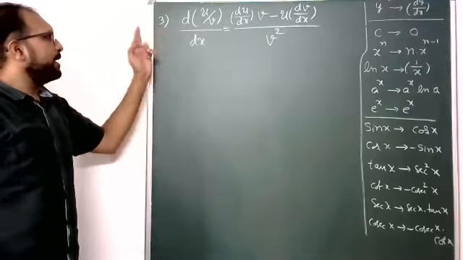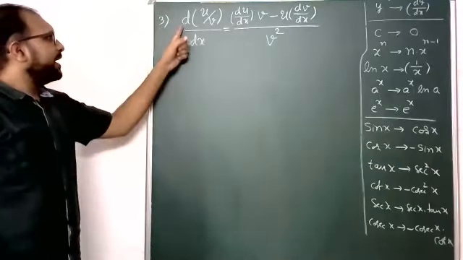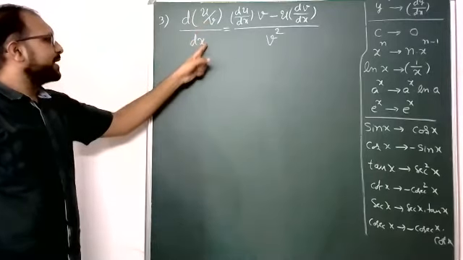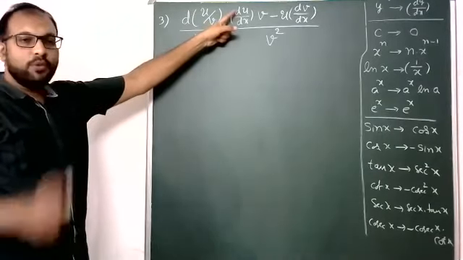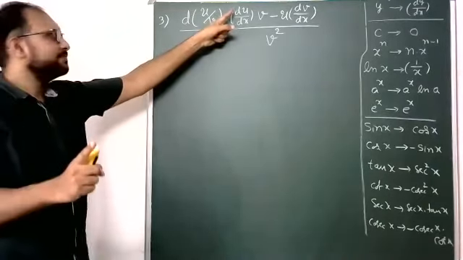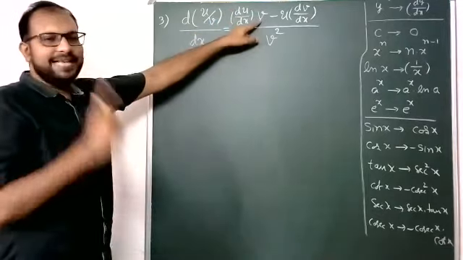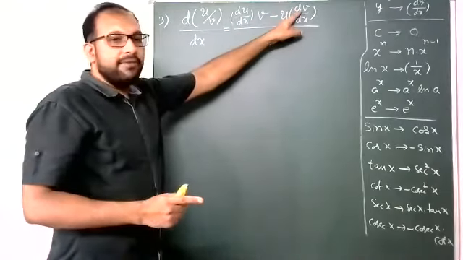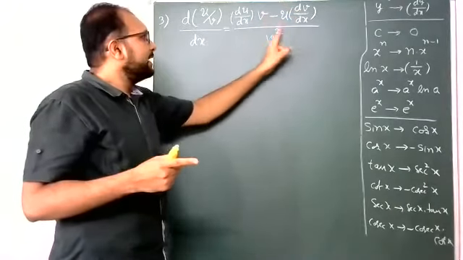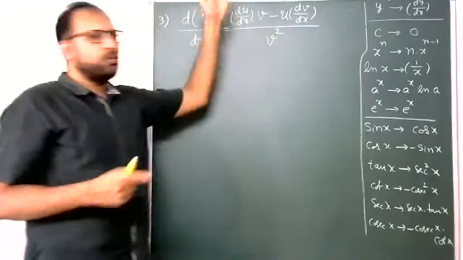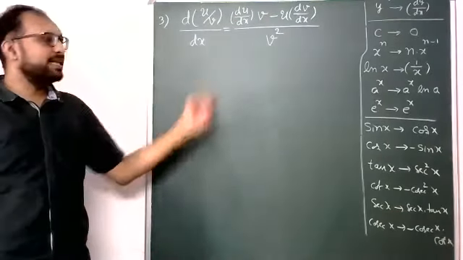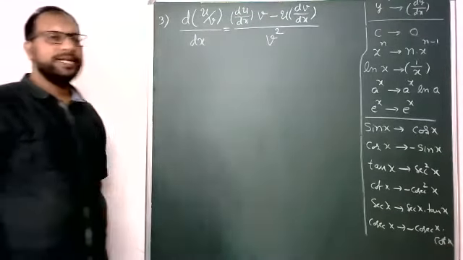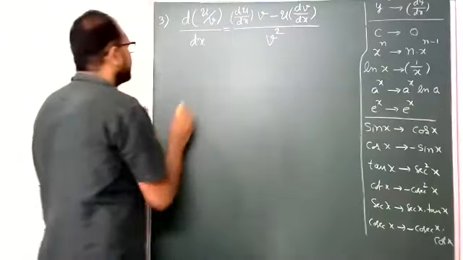So, students, rule number 3: the derivative of u by v with respect to x is the derivative of u, that is the numerator, into the denominator as it is, minus the numerator into the derivative of the denominator, divided by the denominator square. For this also I am going to explain one example, just wait.